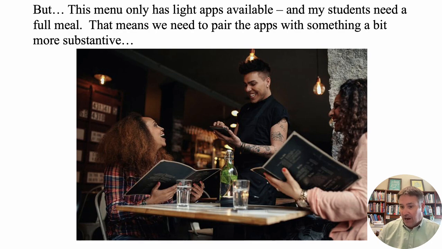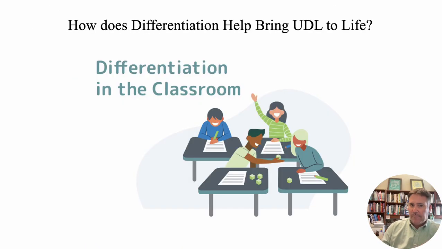I want my basket of fries. I'm going to order it. In fact, it's giving me an idea for after I'm done recording this. But my kids with disabilities, the kids with IEPs, they need a full meal. They're not going to get by with light apps. They need to pair the apps with something more substantive. And that's my argument here.